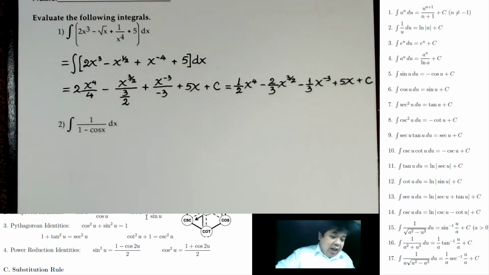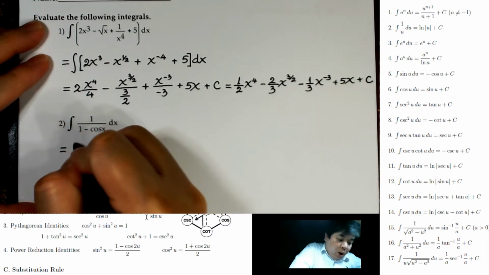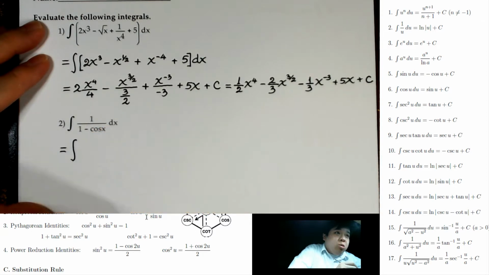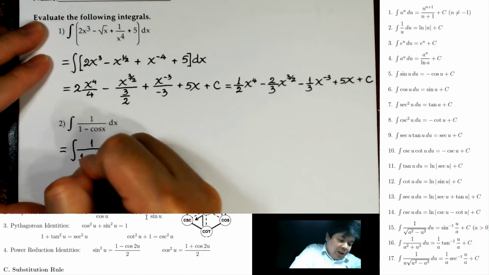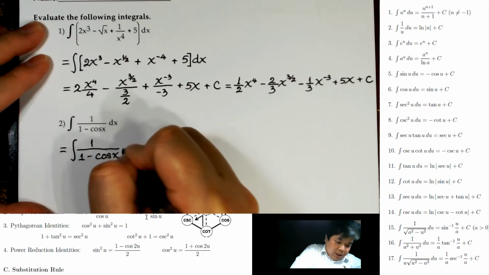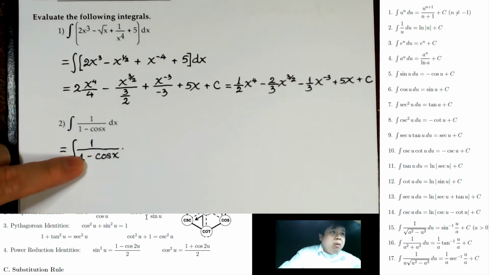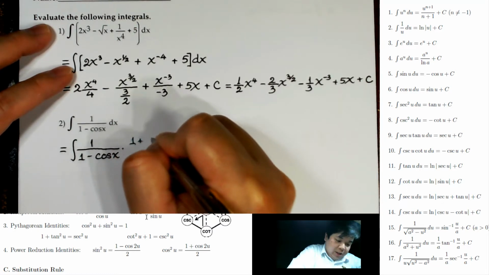Like I said, if we haven't seen the solution, it will be very difficult. But once we've seen that, it's rather obvious. So the trick for this problem is that we multiply by the conjugate of 1 minus cosine x, which means 1 plus cosine x.